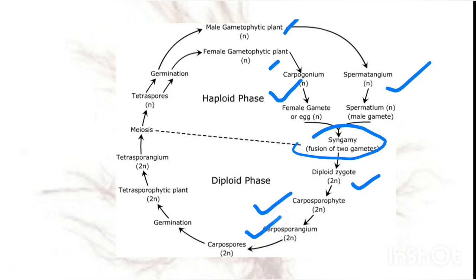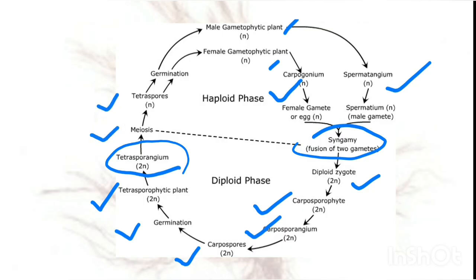Then carposporangium produce carpospores, which upon germination produce tetrasporophytic plant. Then inside the tetrasporangium, the cells undergo meiosis to form tetraspores. Then tetraspores germinate to form again male gametophytic plant and female gametophytic plant. And with this, the whole life cycle of Polysiphonia is completed.